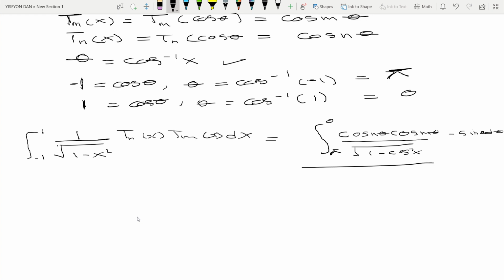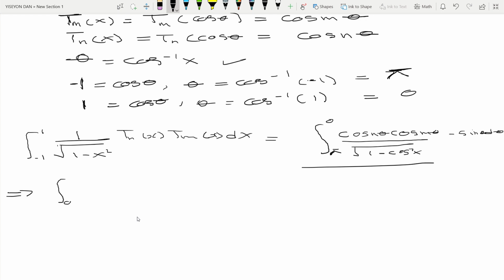So we simplify. On simplifying, we can change the boundary. If we change the boundary of this, we apply a negative sign. So the negative sign is going to cancel the minus sign over here.